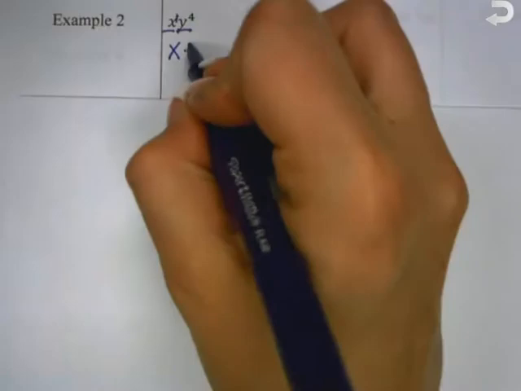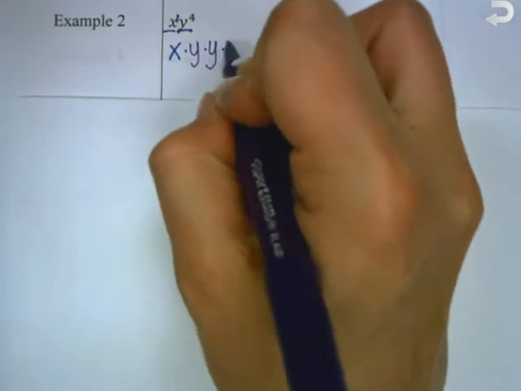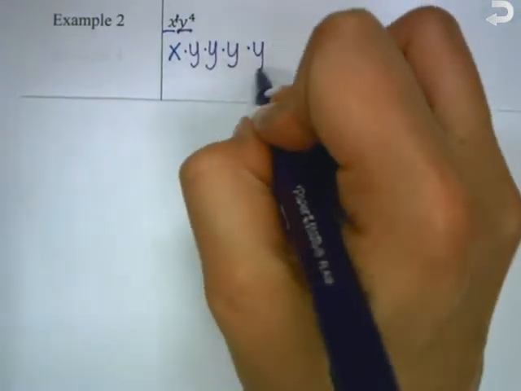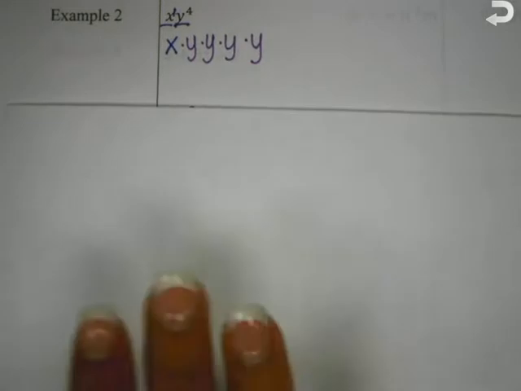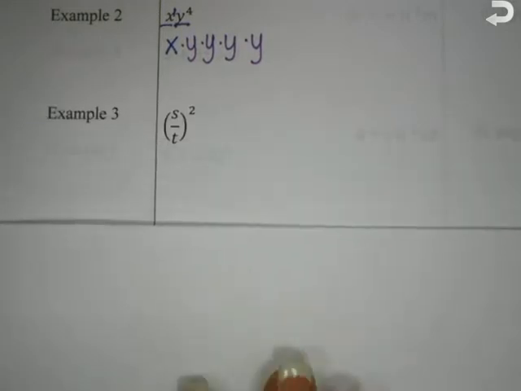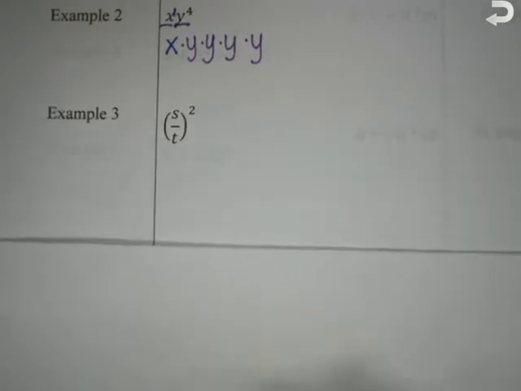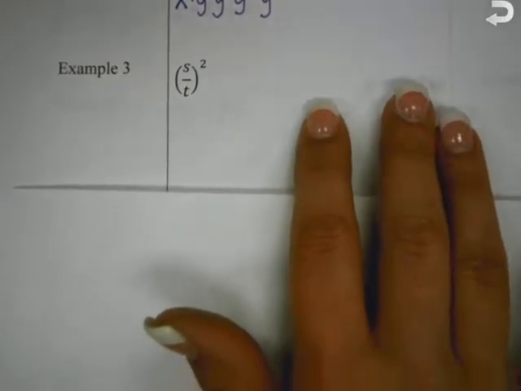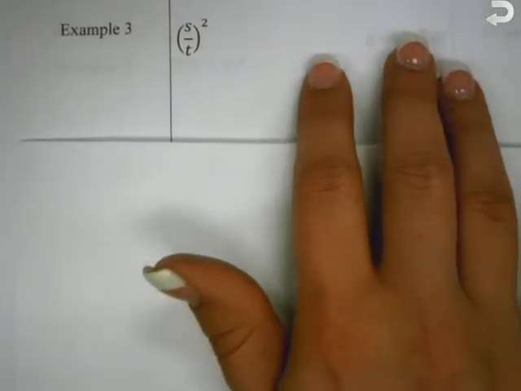Good. Okay, example 3. This one's a little bit different. One thing we have to know about exponents is, you remember how I tell you that if we have something like x minus 3, that 3 is actually a negative 3 because the negative sign is super glued to the 3.